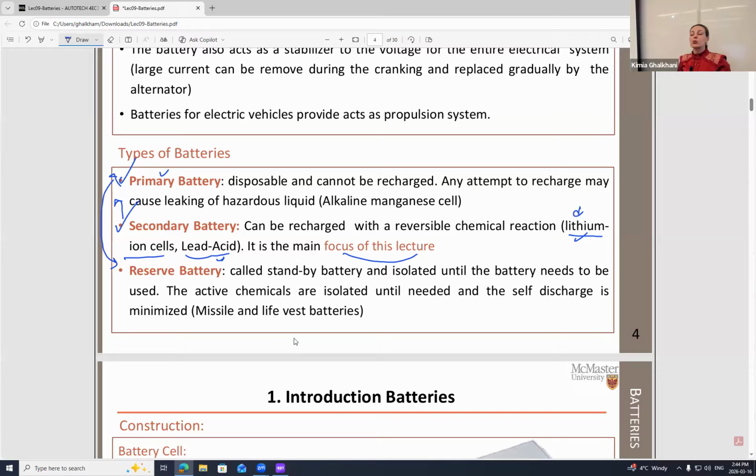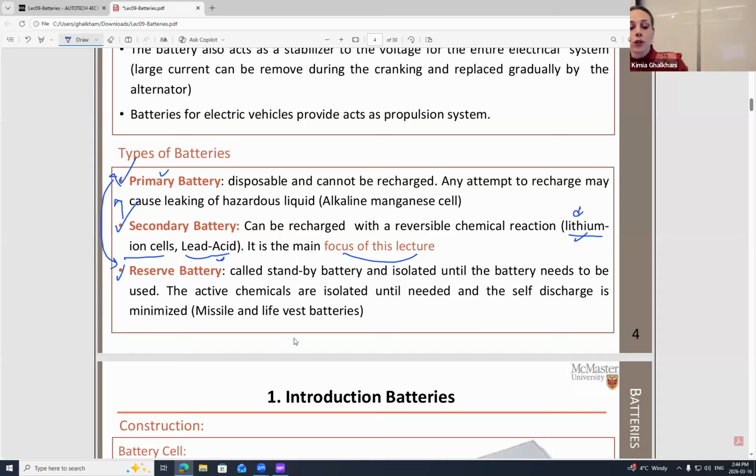Self-discharge is a product of the chemical reaction inside the battery, and that chemical reaction can speed up if you are storing them at high temperature. Any temperature above maybe 30 or 35 can damage the battery, right? But about the reserve battery, I explained this to show the difference. Reserve batteries have an option to keep them inactive while they are in storage.